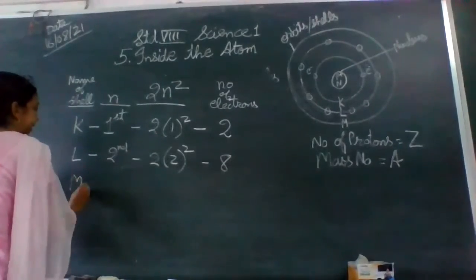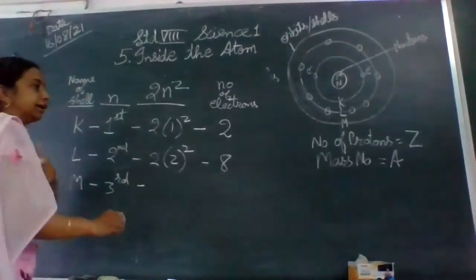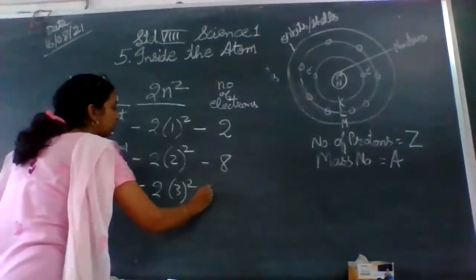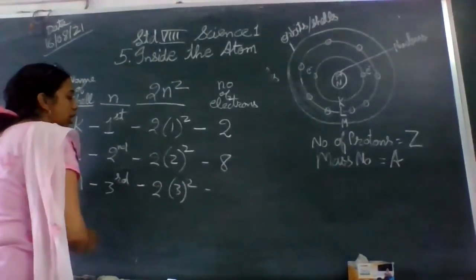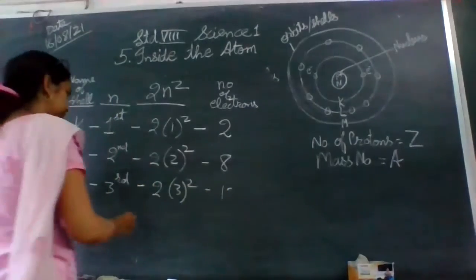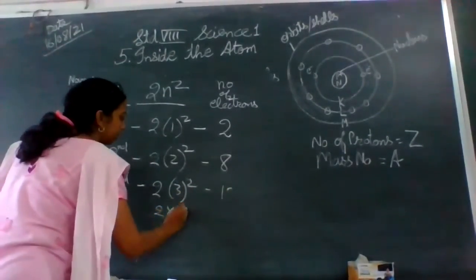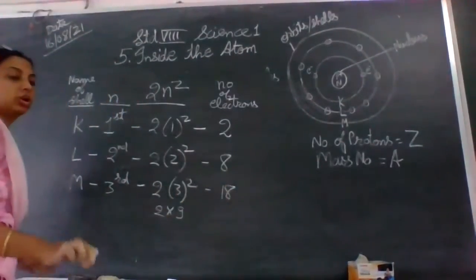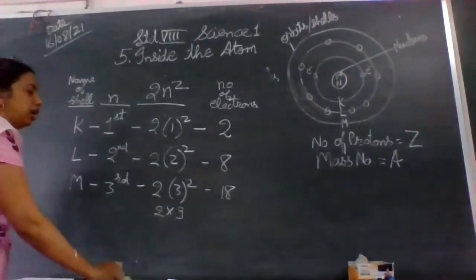Next, the M shell is the third shell of your atom. In that case, 2 times 3 squared: three threes are 9, and 9 times 2 is going to be 18 electrons accommodated in the M shell.